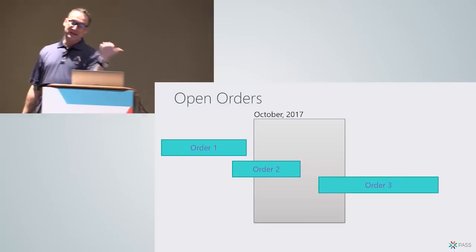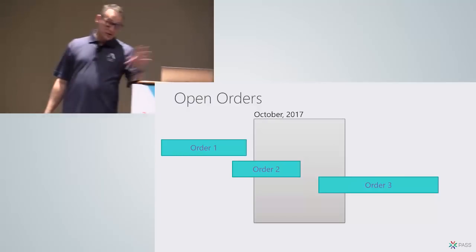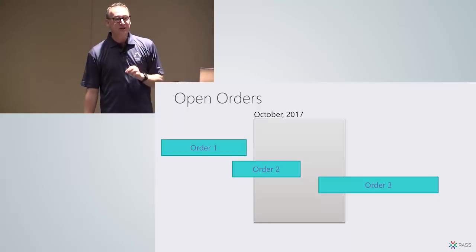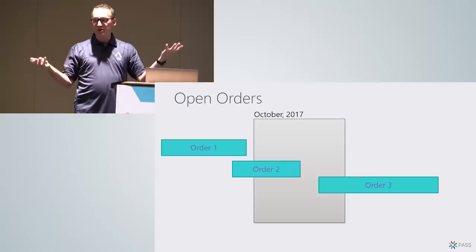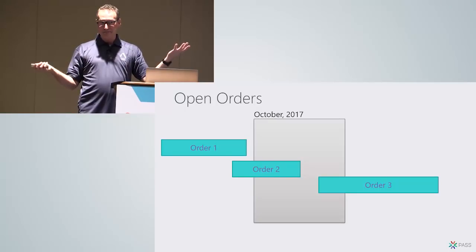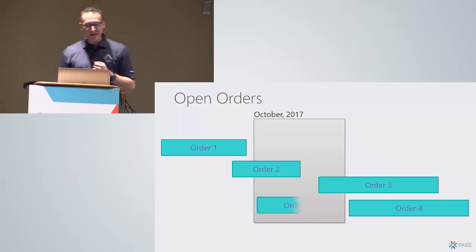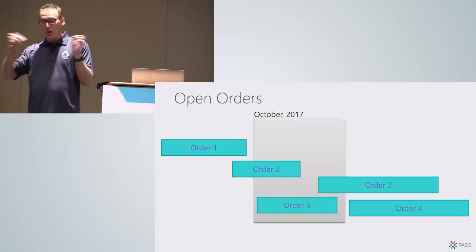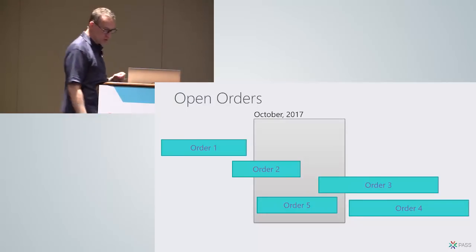Order 3 started in October and is not yet finished during October, so it's open. Make sense? Then order 4, who cares? It starts later. And order 5, well, order 5 is not open at the end, but during October, we can consider it either open or not open.